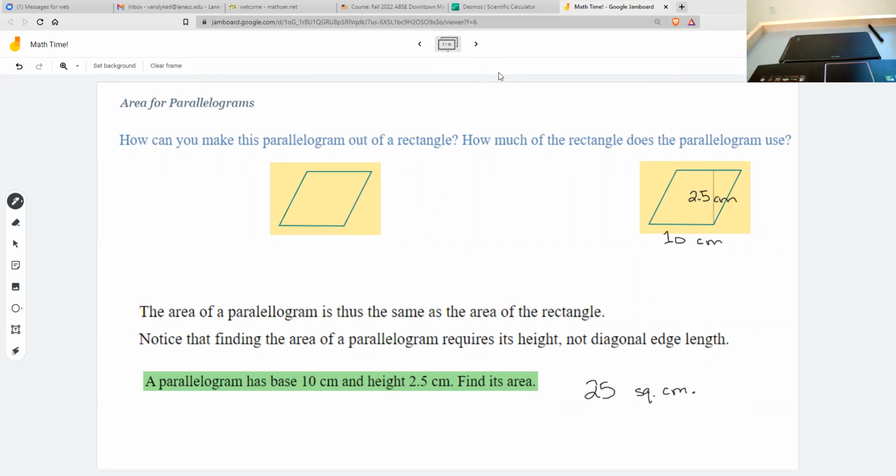I just multiplied them. And because all I am doing is moving this piece back over here, and then we have that rectangle, that's 10 and 2.5, and we multiply them. Everyone okay with parallelograms? Ignore the diagonals, look for how tall they are.